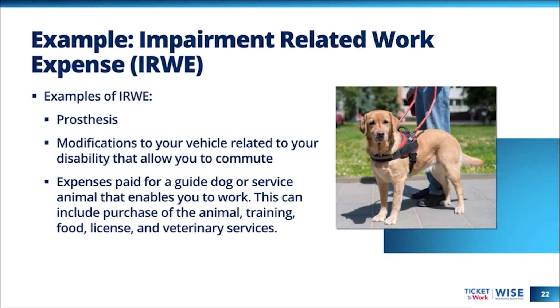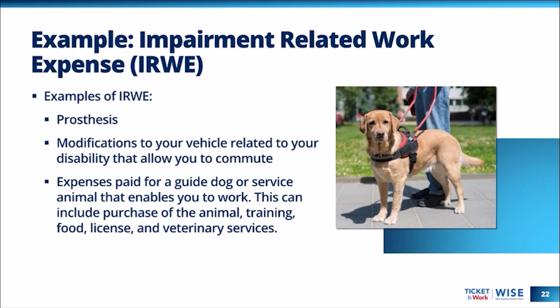Modifications to your vehicle related to your disability. That could be just adjustments made to the car that you're driving now, or it could be an accessible van. I love this last one. Expenses paid for a guide dog or service animal that enables you to work.